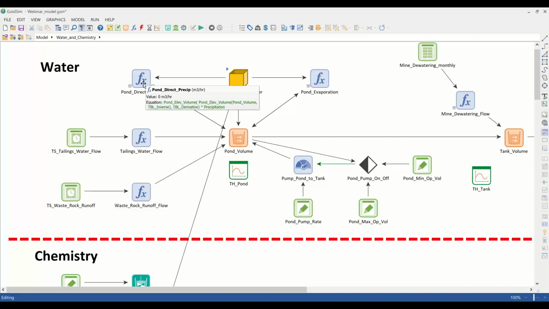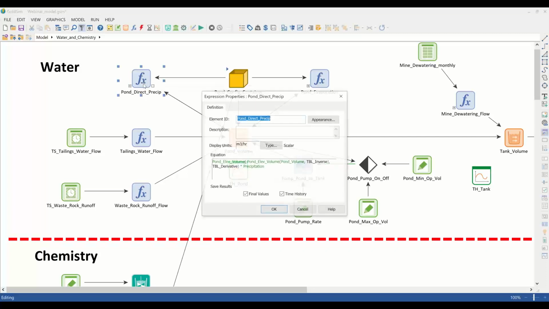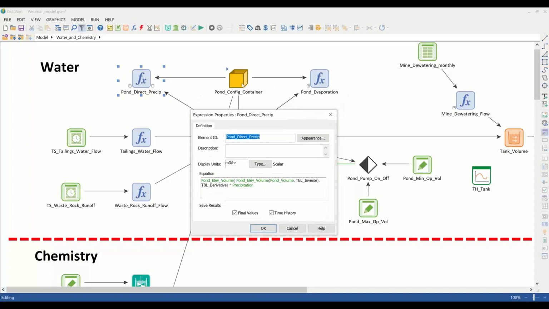The direct precipitation, this is a calculation based on the area of the water in the pond. There's a lookup table that's contained back here in this pond configuration container, which gives us the elevation of the water in the pond as a function of volume.